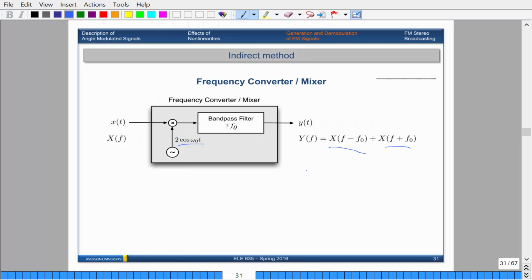And then when you put a bandpass filter around the fundamental frequency that you want, you are basically taking your frequency components and either moving them up or moving them down by some frequency f of 0. Okay, so you're not multiplying the actual carrier frequency, you're changing the carrier frequencies so that they either go up or go down, but the actual frequency deviations will stay the same.